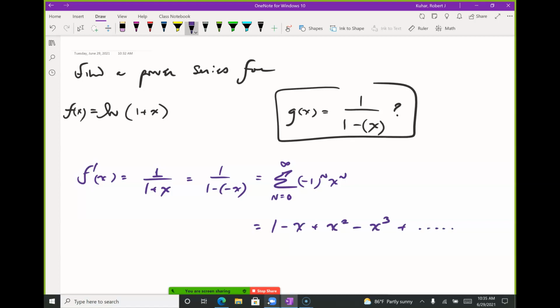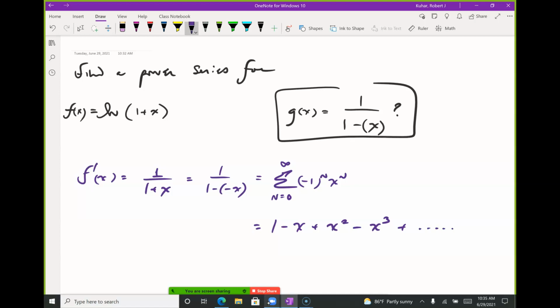So I've got a power series representation, but it's not for ln. It's for the derivative of the ln function. So what do I want to do to get back to my ln function? I want to now integrate.